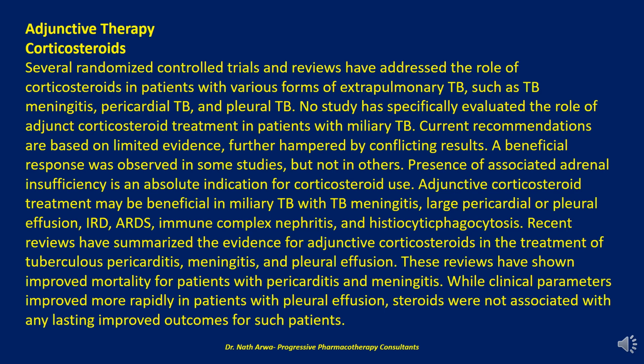Recent reviews have summarized the evidence for adjunctive corticosteroids in the treatment of tuberculosis, pericarditis, meningitis, and pleural effusion. These reviews have shown improved mortality for patients with pericarditis and meningitis. While clinical parameters improved more rapidly in patients with pleural effusion, steroids were not associated with any lasting improved outcomes for such patients.